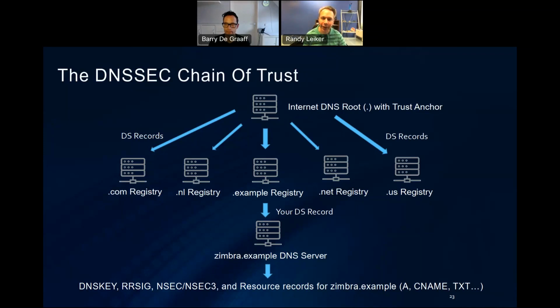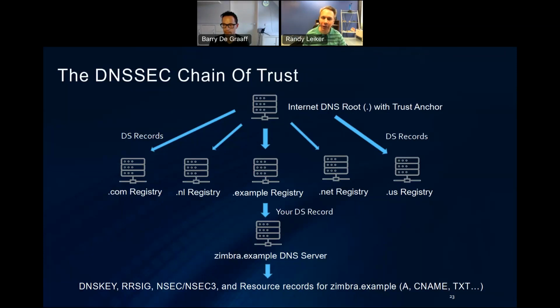This means that when a client on the internet performs a DNS query for the Zimbra.example domain name or any of its subdomains, it is going to use this DS record that you will be creating to authenticate your name server and that it is authorized to answer queries for Zimbra.example. Additionally, when a client on the internet receives an answer to a query from your DNS server, that client is automatically going to receive the appropriate RRSIG records too that we created in the earlier steps.